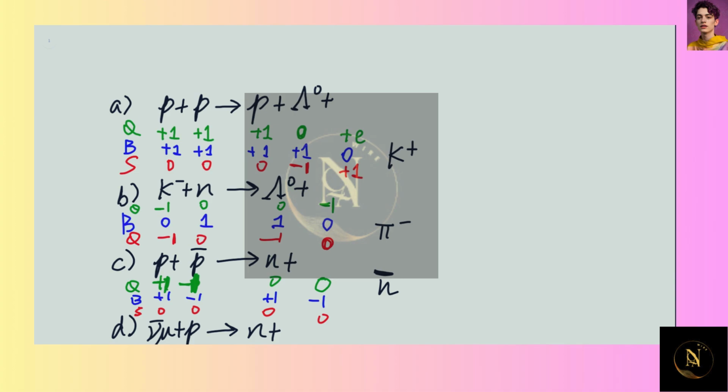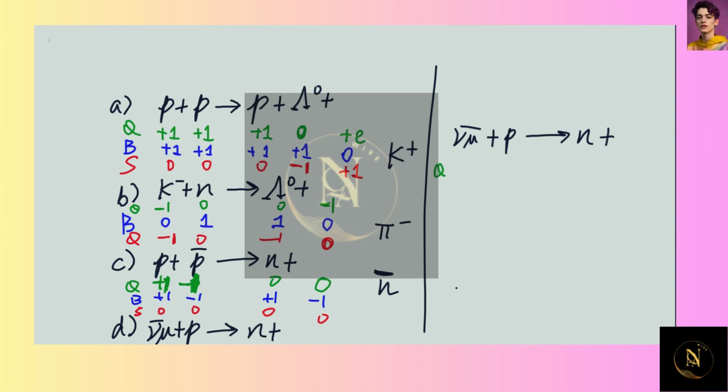So finally, let's look at the last one. For the last reaction, I'm going to write it here. Plus proton equals neutron plus something. Let's look at the charge.